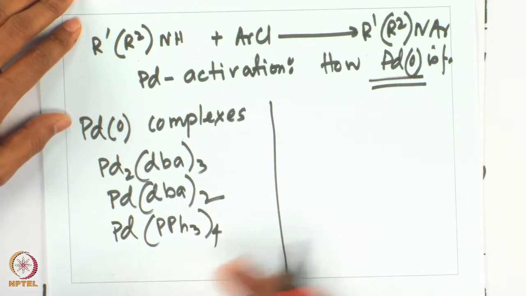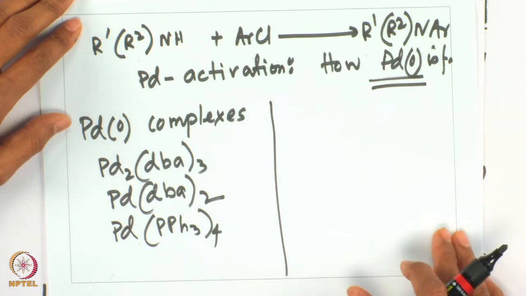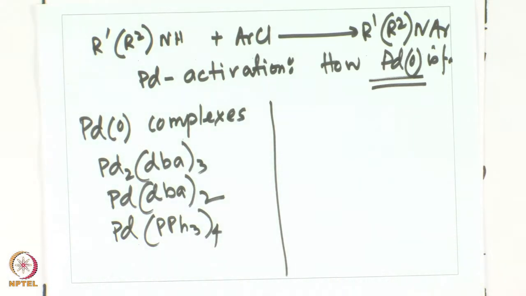Additionally, the residual ligands, for example dba or triphenylphosphine, can bind to the palladium 0 and therefore inhibit its reactivity. So although palladium 0 is commercially available, to stabilize them we have to pay a high price.